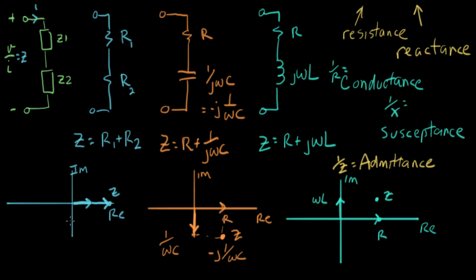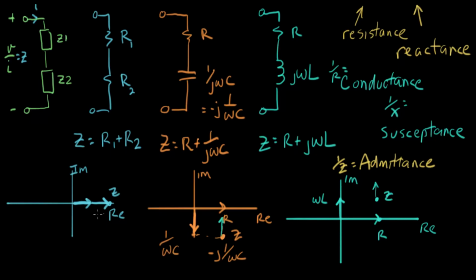Now you notice, let's say we change omega. Let's say omega is varying. In this case here, omega goes up, and this point will travel up. It'll move in the complex plane if omega changes. For the capacitor, if omega gets bigger, that means this number gets smaller, and this will move in this direction.